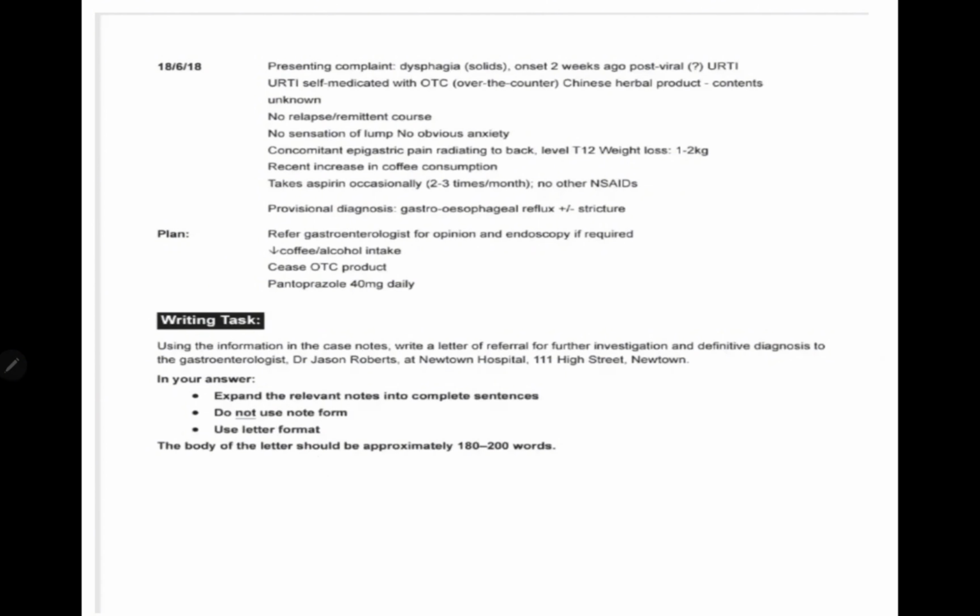What you need to do initially is go directly to the writing task: using the information in the case notes, write a referral letter. Identify whether this letter is a referral or discharge. Here it is for further investigation and definitive diagnosis to the gastroenterologist. It means you are writing a referral letter for investigation and definitive diagnosis.